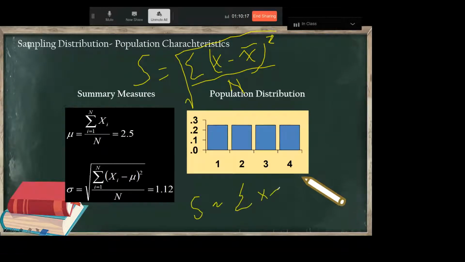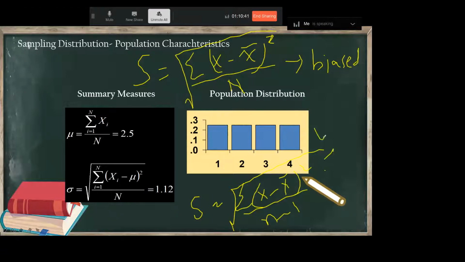The numerator is the same, the sum of (x minus x bar) squared, but in the denominator it will be n minus 1. Just remember that capital S shows biasedness, and small s shows unbiasedness.